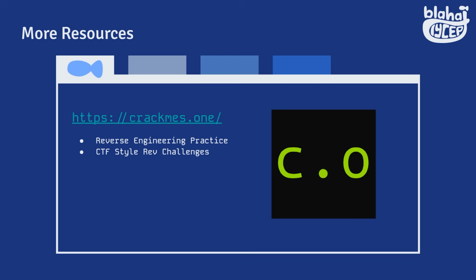Crackmes definitely has more quantity than quality, but the few good crackmes are really good. So I do recommend that if you want to gain more experience with reverse engineering in Ghidra, with smaller programs to look at, crackmes is a very good place to get started. Just do the ones with a really high rating.